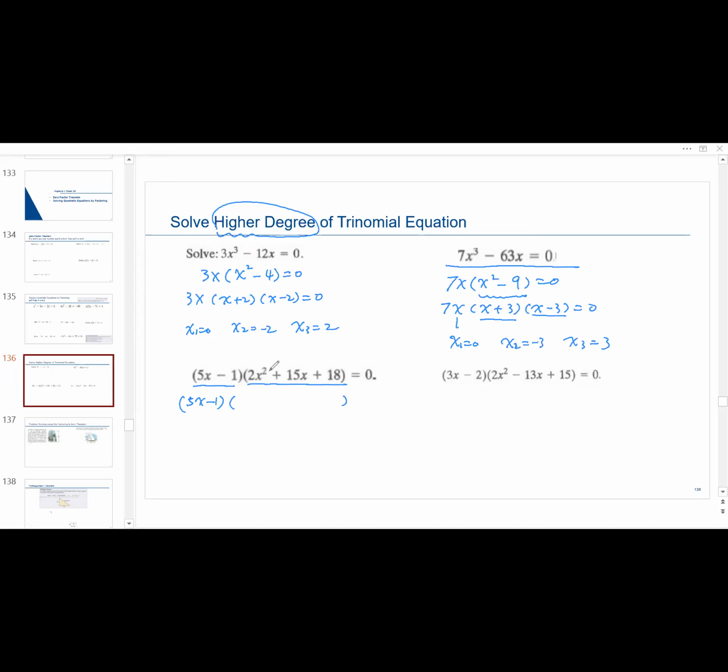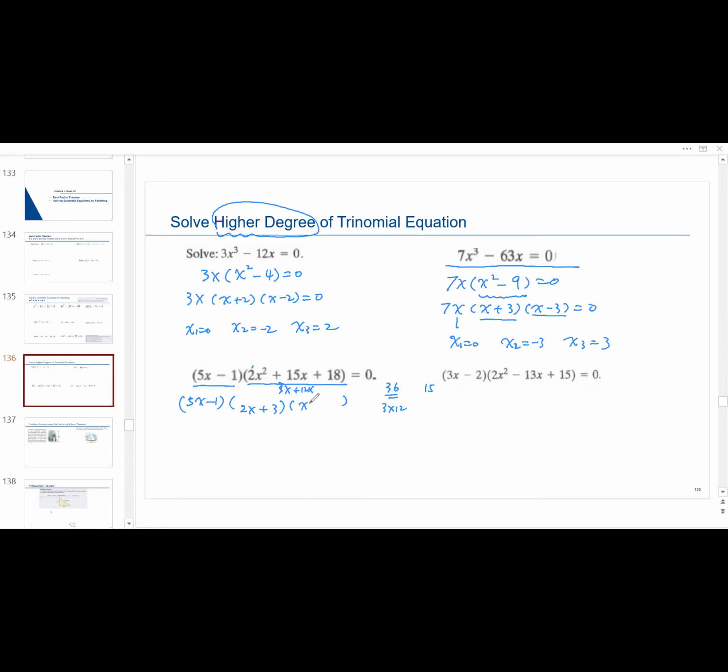We need to factor it first. 2 times 18 is 36. 36, what can get 15? 3 times 12 gets 15. So here it becomes 3x plus 12x. So you can factor this part first, and you get 2x plus 3.